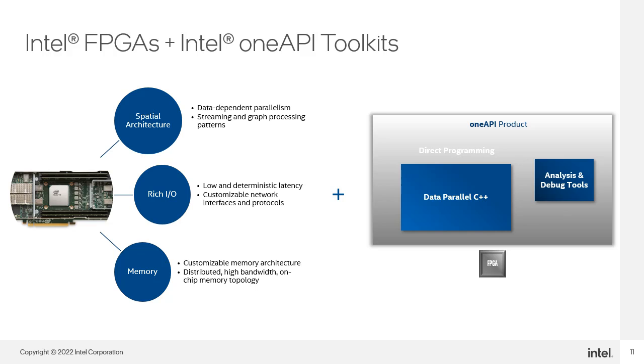FPGAs have flexible on-chip memory architecture that allows developers to create multiple banks for parallel read, write, or to move large amounts of data using a high bandwidth memory enabled board. By simply using OneAPI to target FPGAs as accelerators, we can take advantage of the strengths of FPGAs in targeting workloads and get efficient performance.